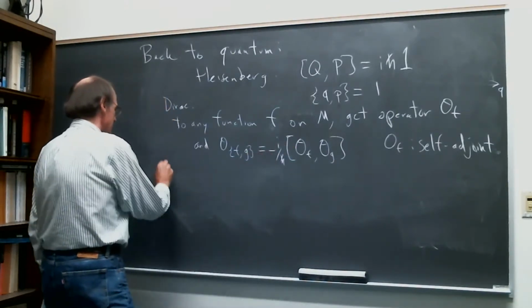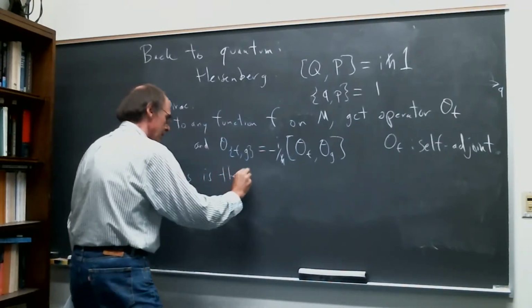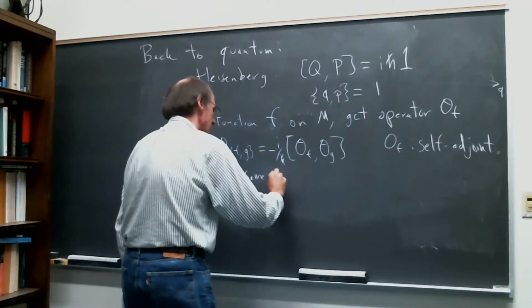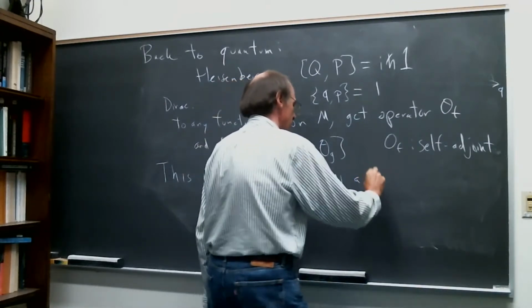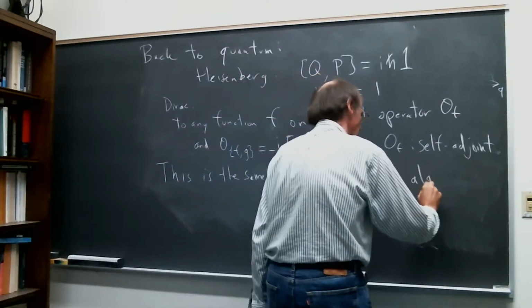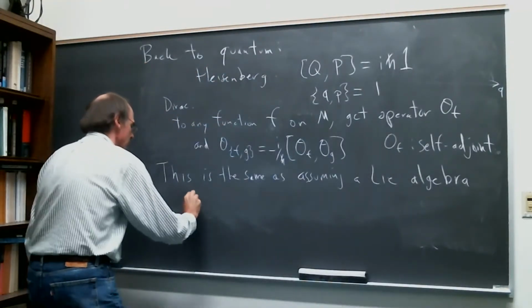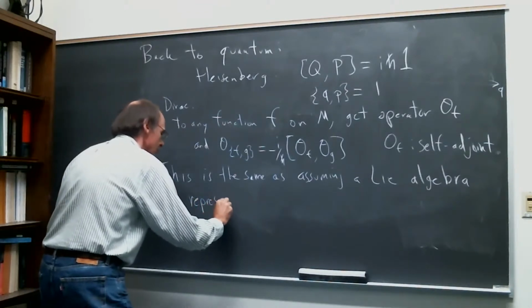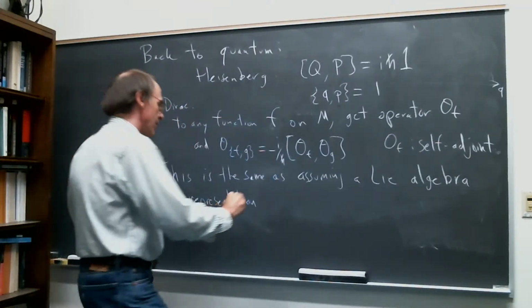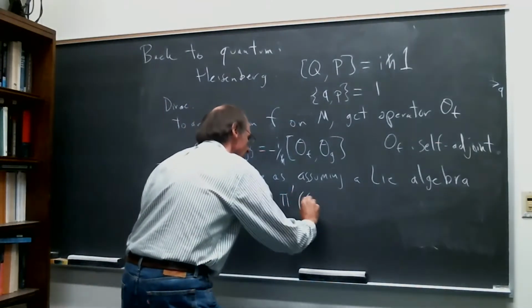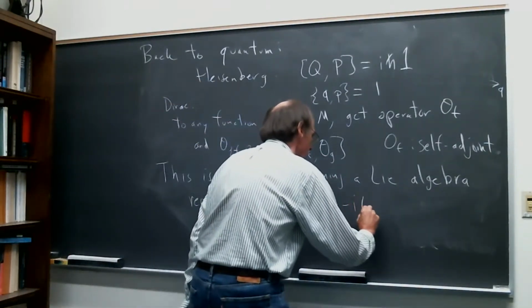So Dirac's conjecture is the same as assuming a Lie algebra representation, where pi prime of f is equal to minus i times the operator for f.